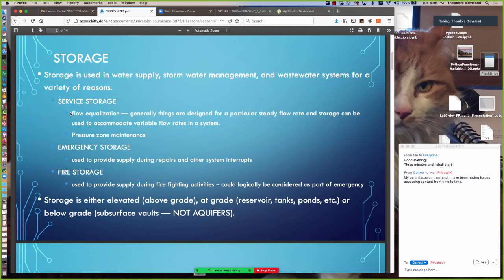The storage itself is either elevated, above grade, up in the air, elevated storage tanks, suitable for painting the names of your community, your high school football team, or the name of the nearby airport. At grade, these are also large tanks or reservoirs, not easily for painting the name of your community on it that anyone can see, or below grade subsurface vaults, but not aquifers.